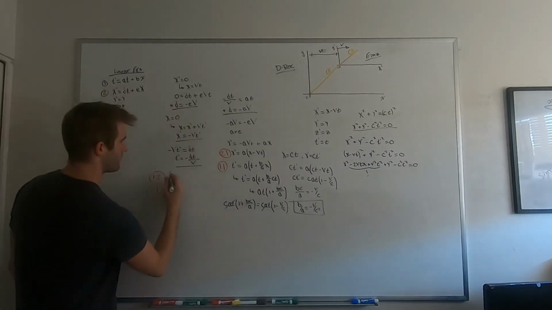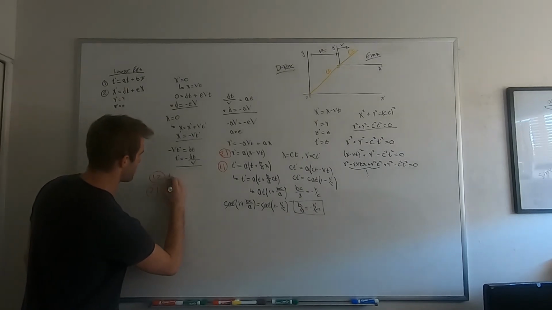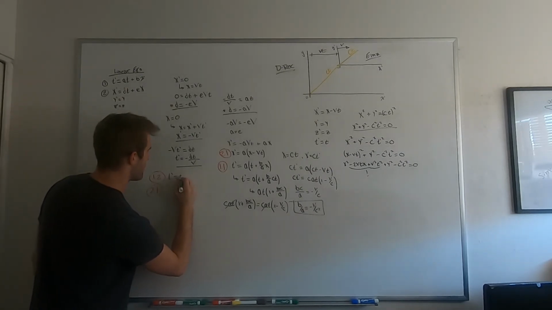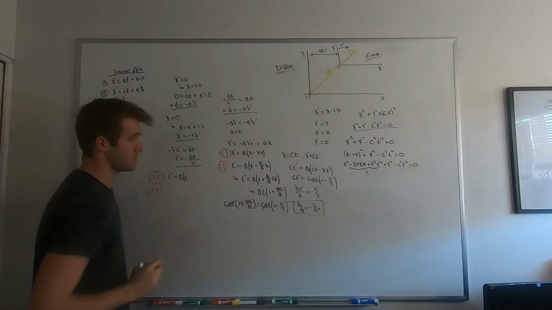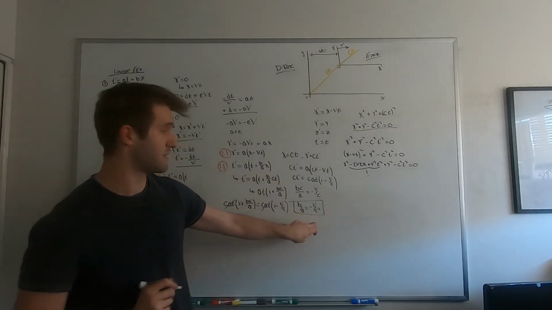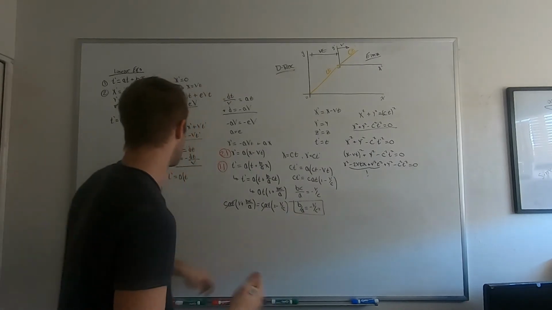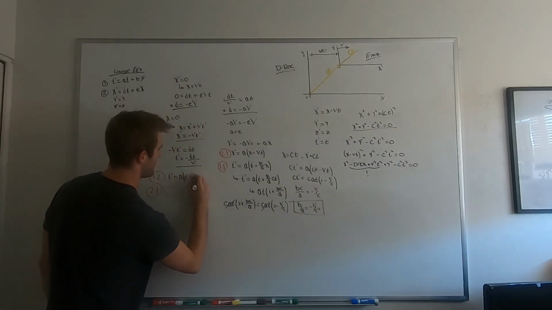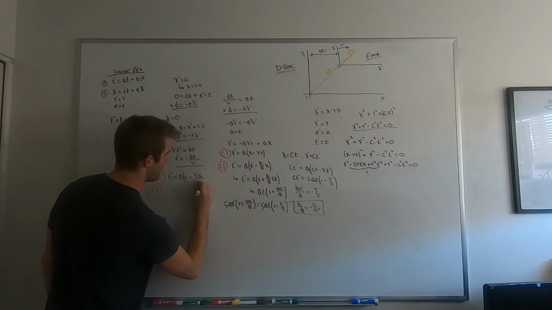So 1.2 we'll call t prime now equals a times t. Well, what did we figure out b over a was? That's just minus v over c squared. So t minus v times x over c squared.